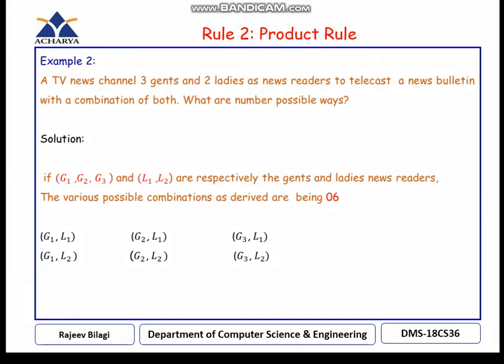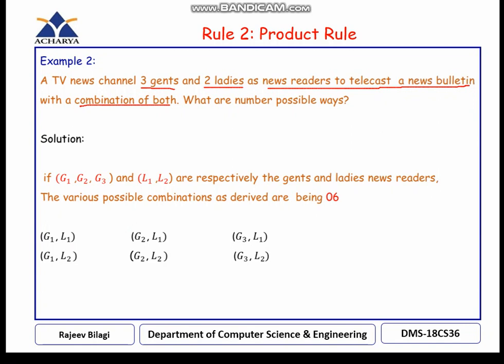So we'll see some illustrative examples on the product rule. A TV channel has three gents and two ladies as newsreaders to telecast a news bulletin with a combination of both. In such a case, what are the different possible ways?